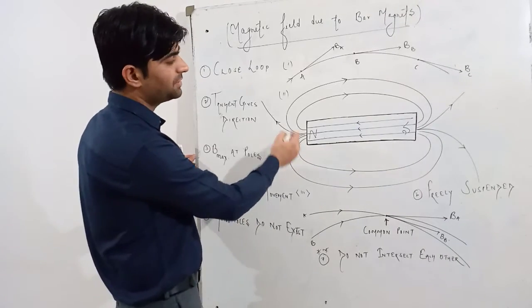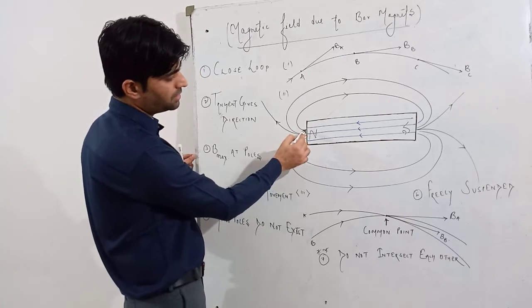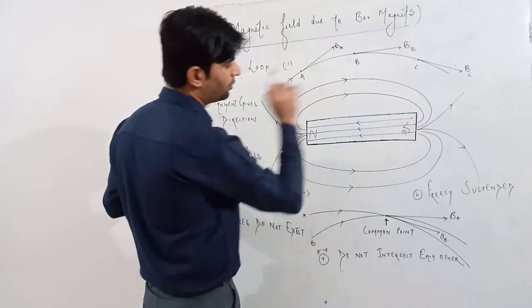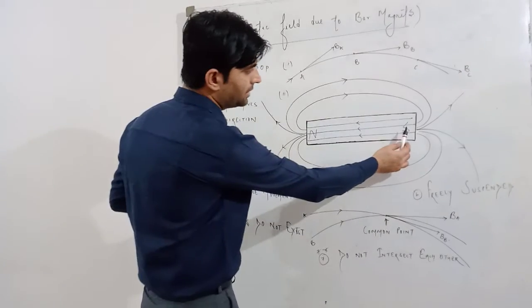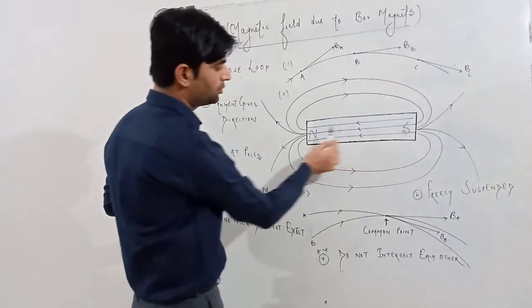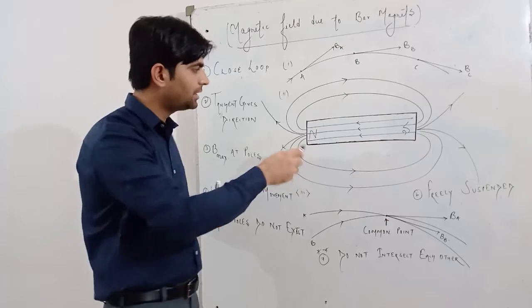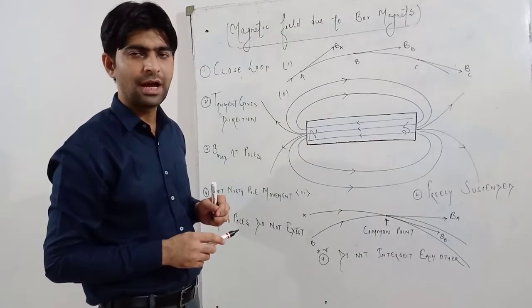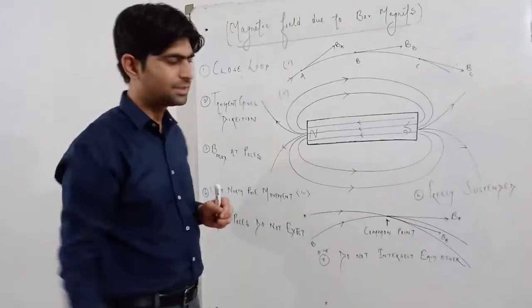So if you see this diagram, the magnetic field lines start from the north pole and go to the south pole outside the magnet, and inside the magnet the direction of magnetic field lines is from south to north.